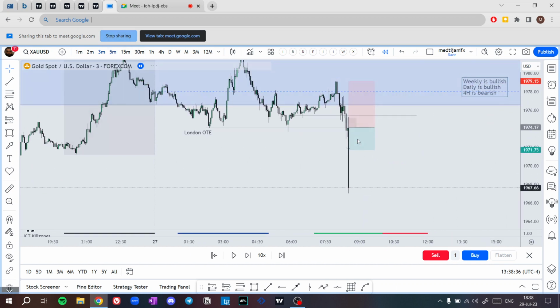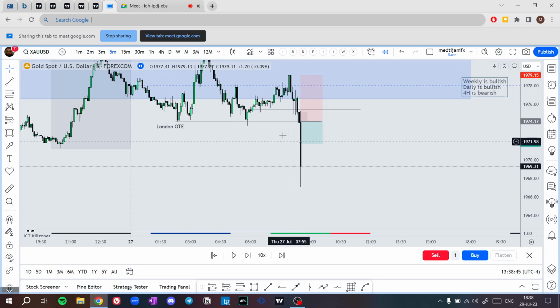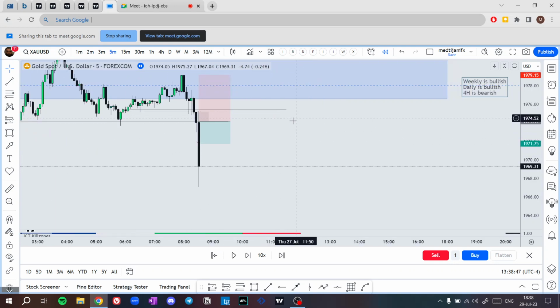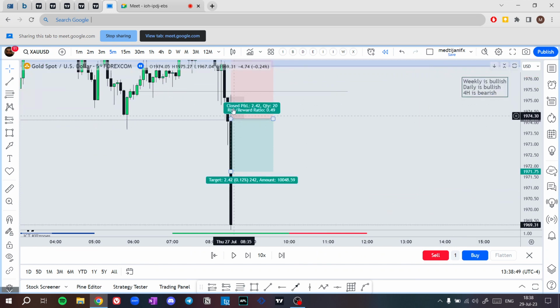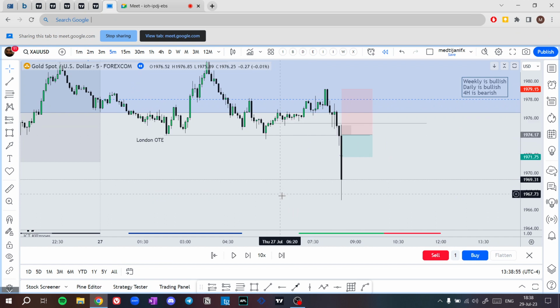If we see the 5-minute time frame, no, I'm waiting. Sorry for that. Yeah, we see that price has rebalanced this fair value gap right here. Immediate rebalance inside this breaker.